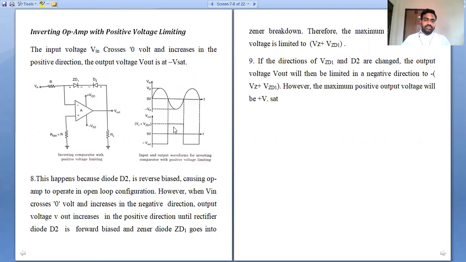So in the concept of the positive voltage limiter, the maximum positive output voltage is observed at a particular positive saturation point.